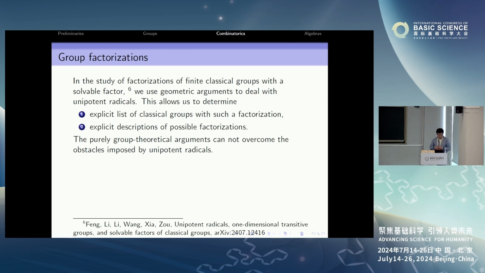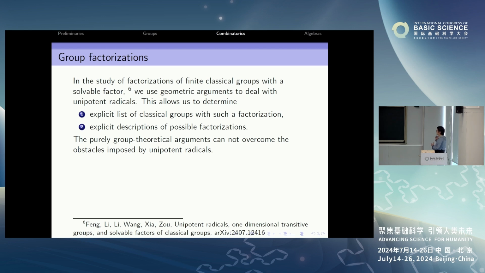Okay, here is a recent result. In the study of factorization of finite classical groups with a solvable factor, we use geometric arguments to deal with unipotent radicals. This allows us to determine an explicit list of classical groups with such a factorization and give explicit descriptions of possible factorizations.